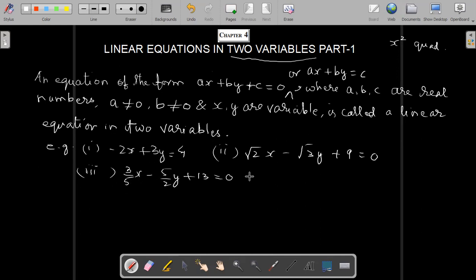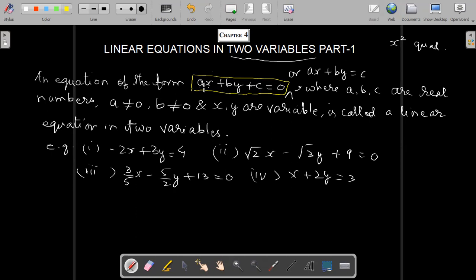So like this, or if it is written in a simple way with all positive numbers, every equation in this format, ax plus by plus c, any equation which can be written in this format is called a linear equation.